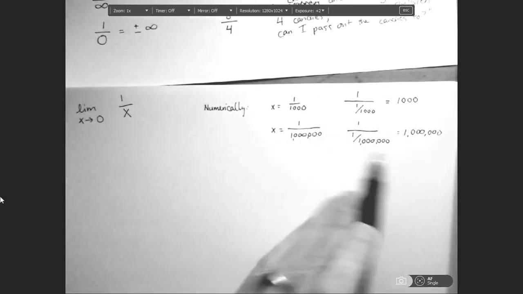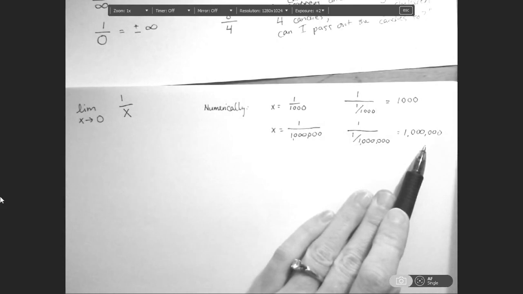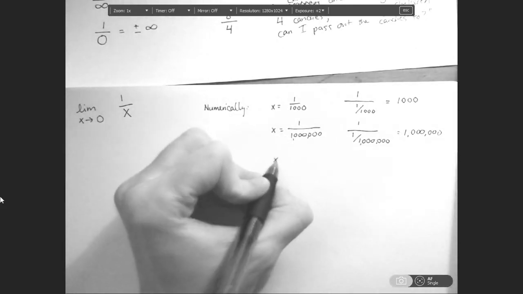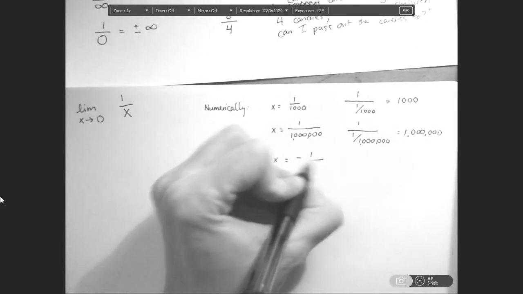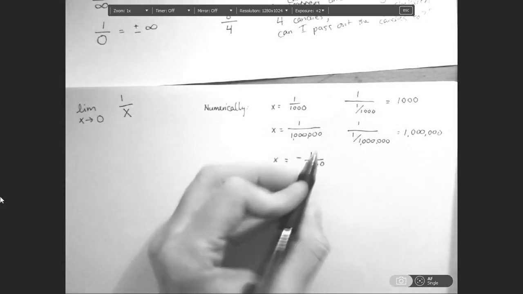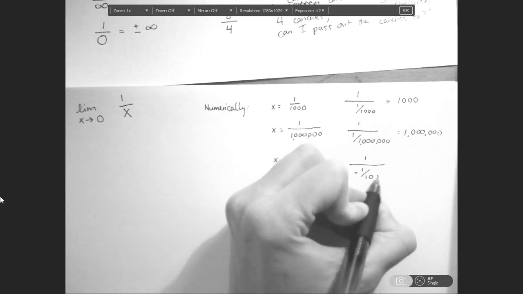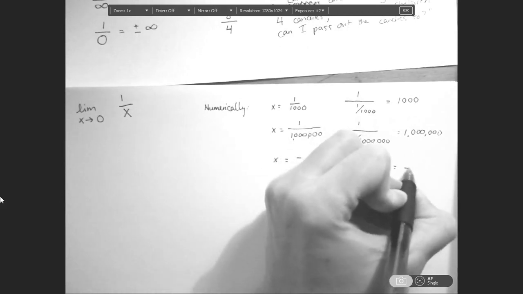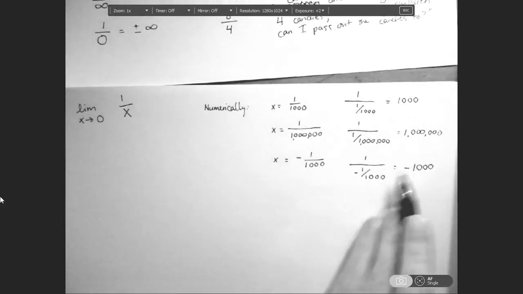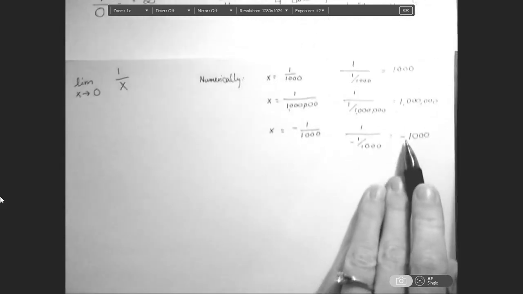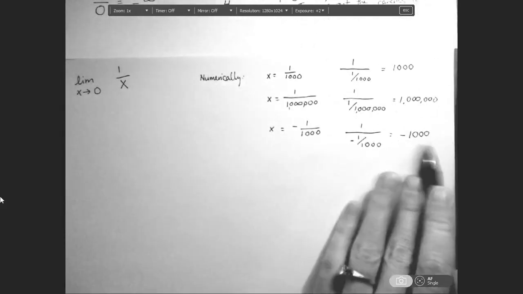We see that as my x values get closer and closer to 0 from the positive side, I'm getting bigger and bigger results. Whereas if I approach from the negative side, let's say I approach with negative 1/1000th, I get 1 divided by negative 1/1000th, which gives me negative 1000. And I can see analogously that I would get closer and closer to negative infinity.